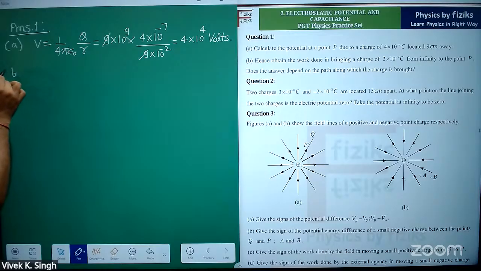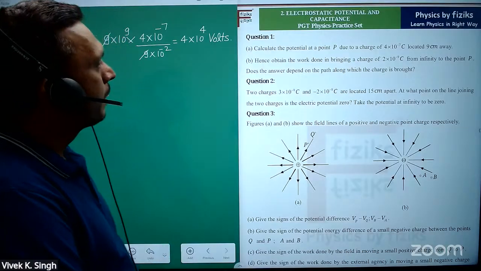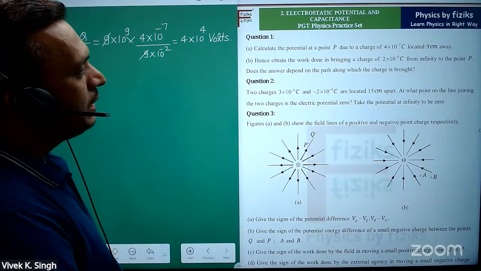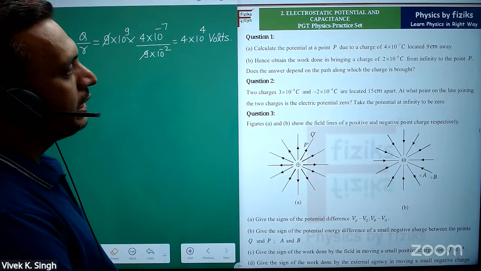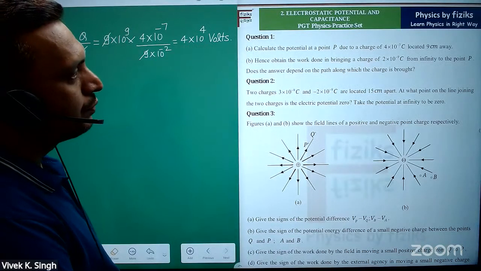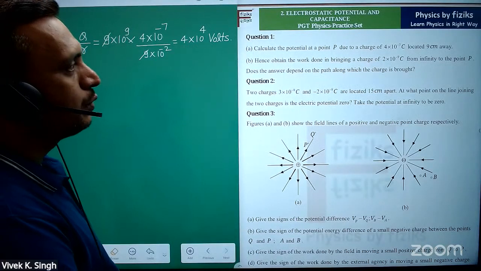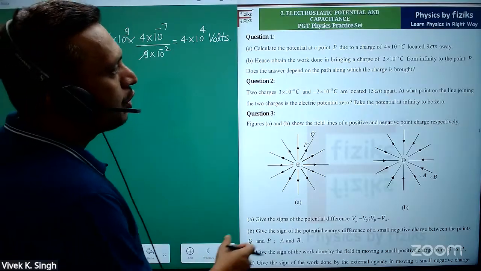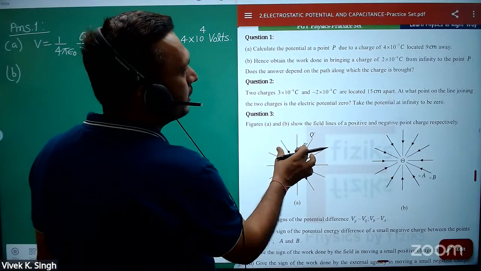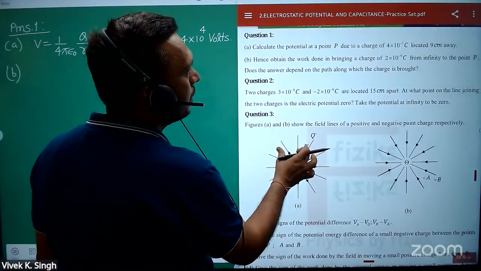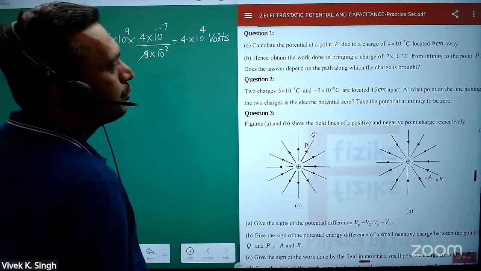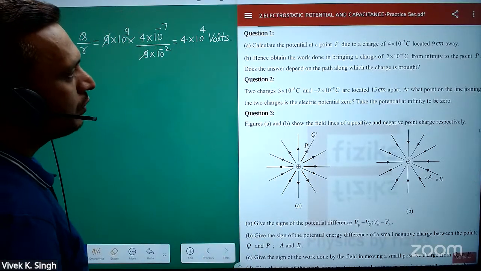Now B part. Obtain the work done in bringing a charge of 2 into 10 to the power minus 9 coulomb from infinity to point P. What will be the work done?